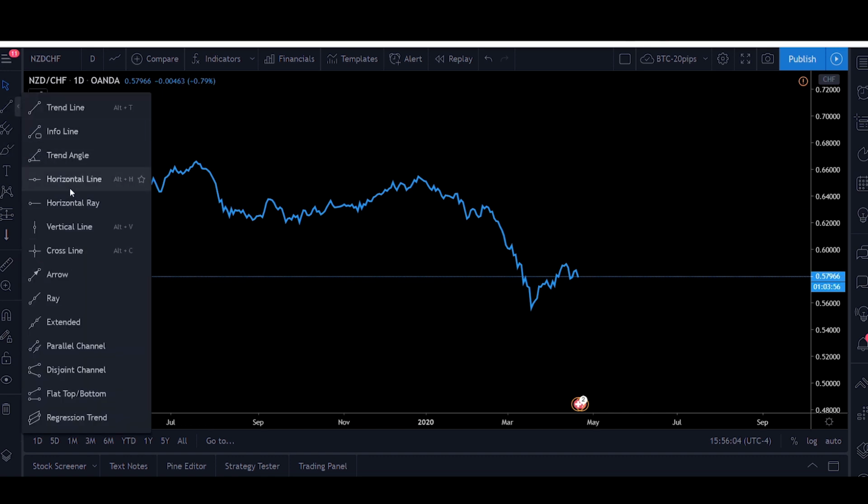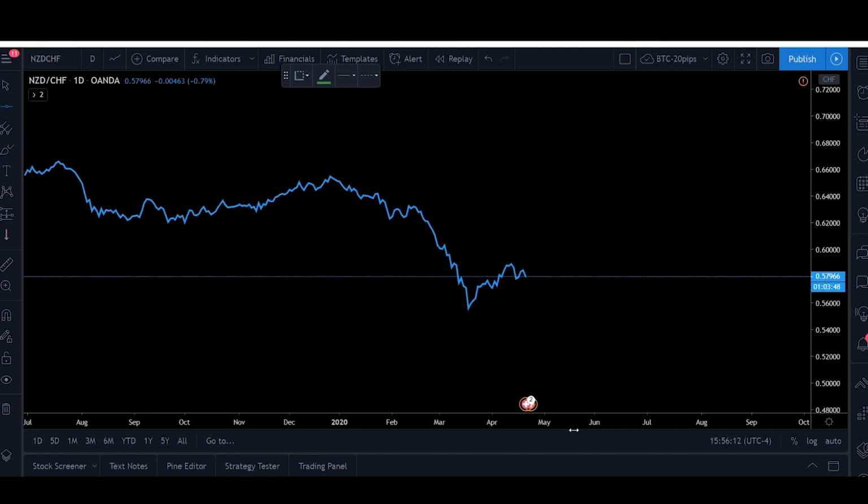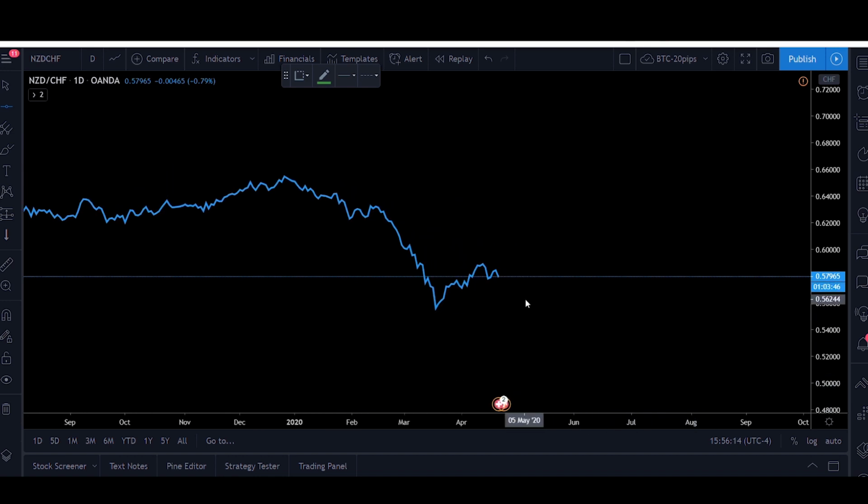So what you're going to do is go right here where it says horizontal line. You're going to click on that. You are going to go to the most recent high. As you guys can see right here, this is where the market currently is. So what do you see?